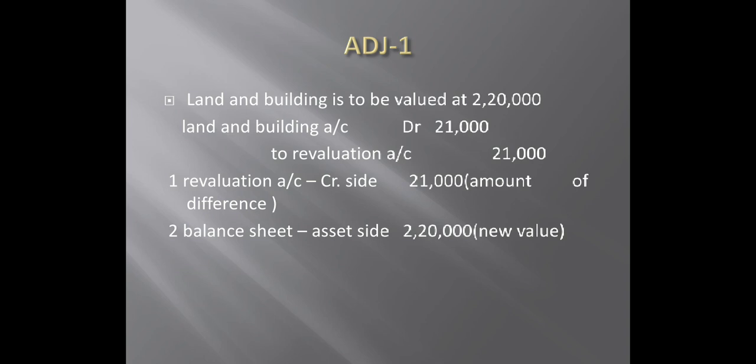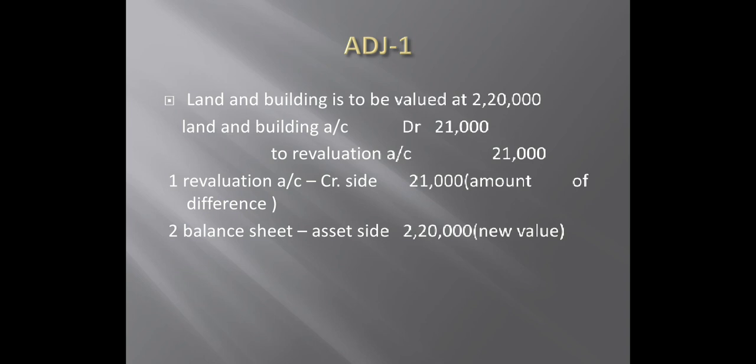Whenever the value of land and building, I mean the value of an asset, increases, revaluation account is credited in the journal entry. So what are you going to debit? Obviously an asset. So land and building account debit 21,000. Now where does this 21,000 come from?